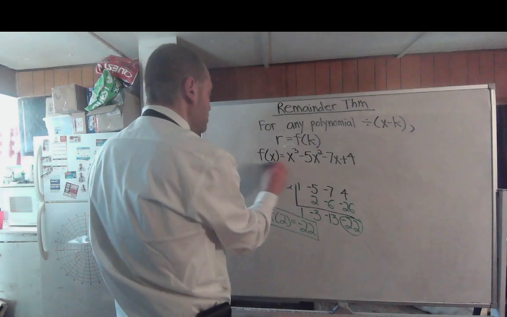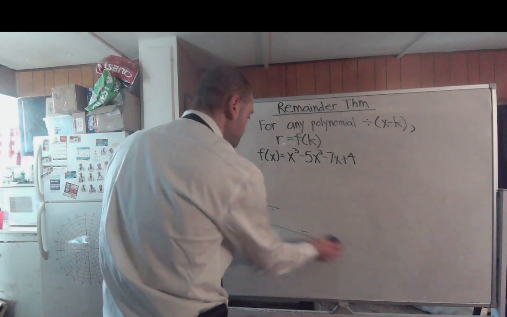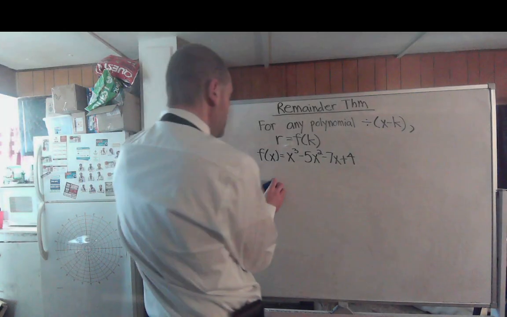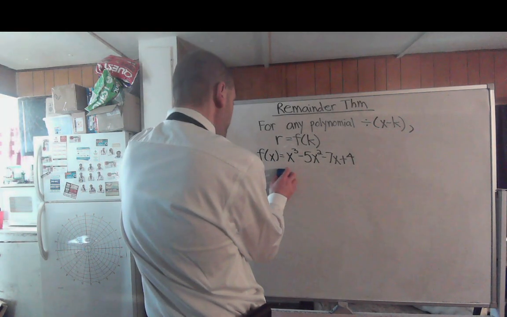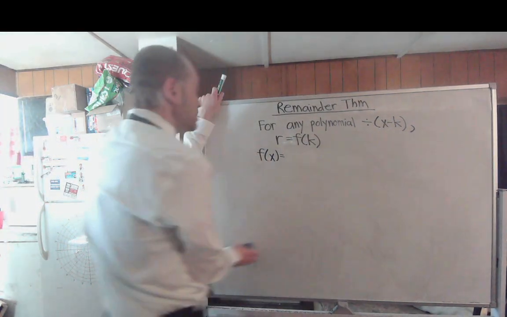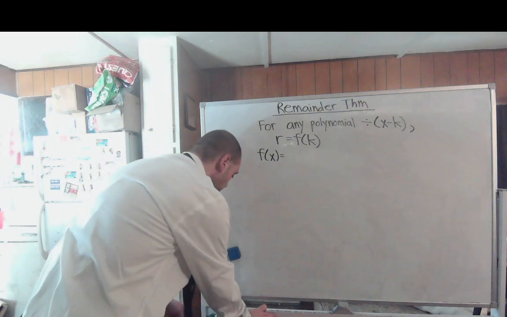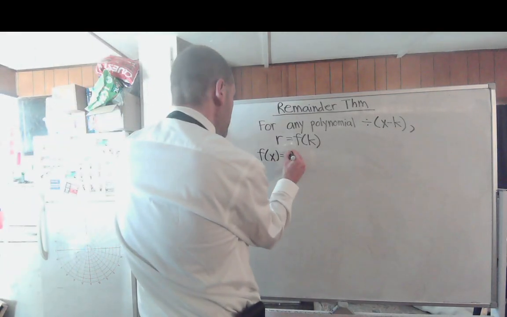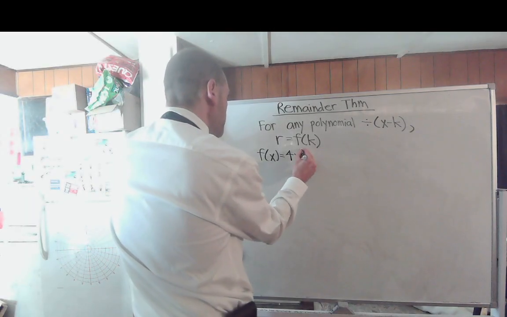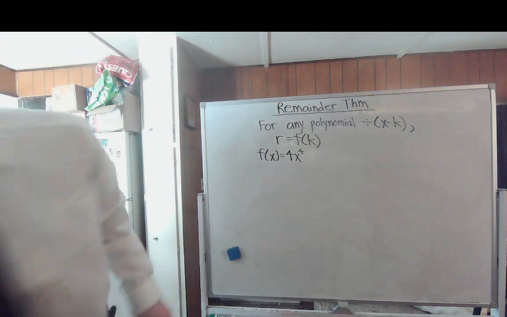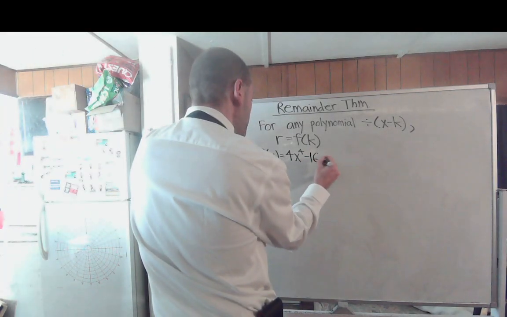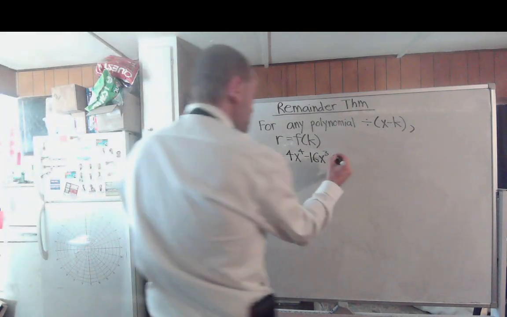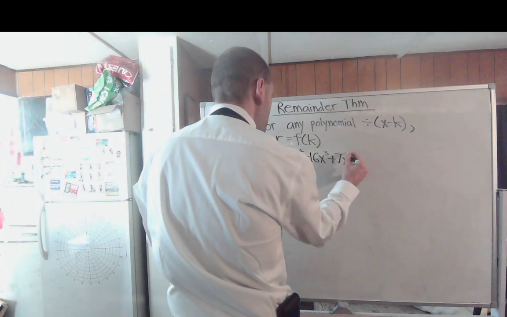Let's do another polynomial. All right. f of x equals, we're going to take it up a degree, 4x to the fourth minus 16x to the third plus 7x squared plus 20.